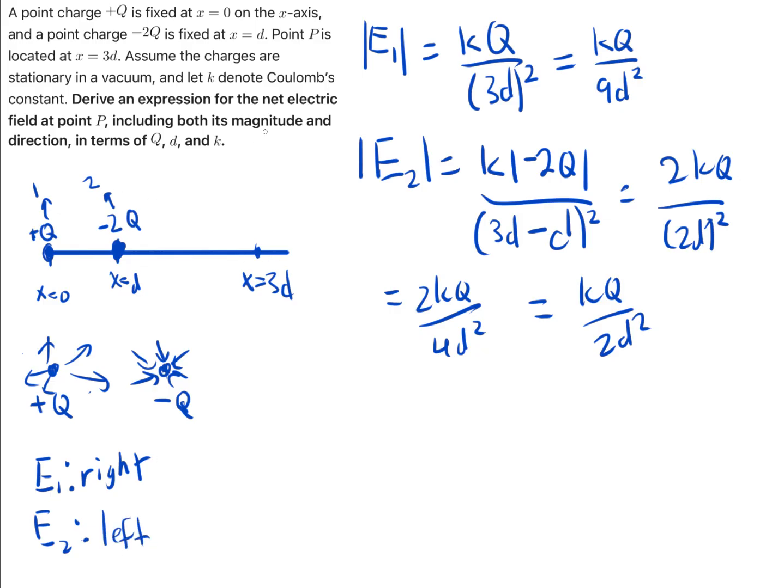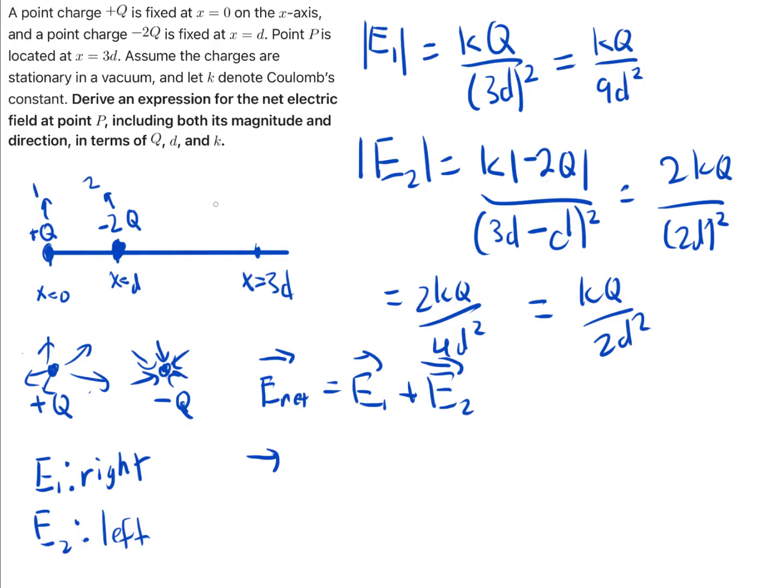And now the total net electric field is just the sum of each of the separate electric fields at that point. This is just vector addition, but since we are in one dimension along the line, we can just use positives and negatives to denote direction.